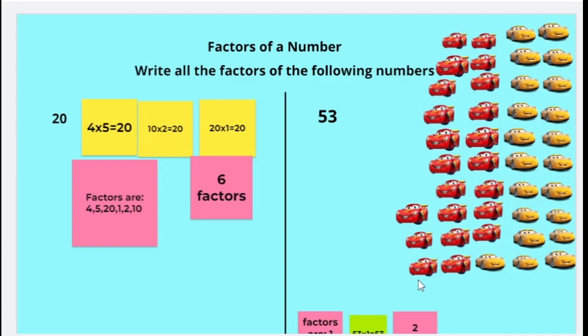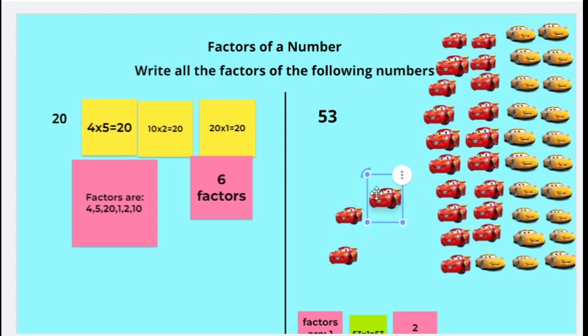Let's try 5. Or let's try 4. Let's try 4. So we have 1, 2, 3, 4. All right. Let's try 4. 1, 2, 3, 4. One group of 4.